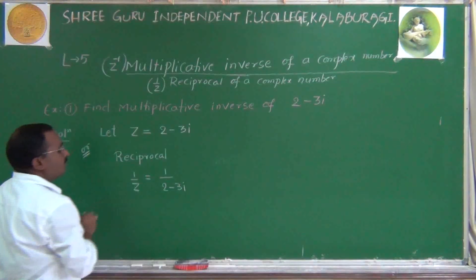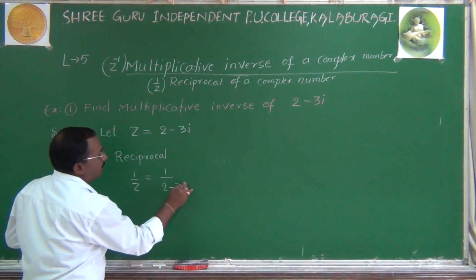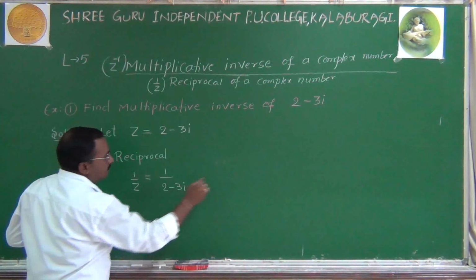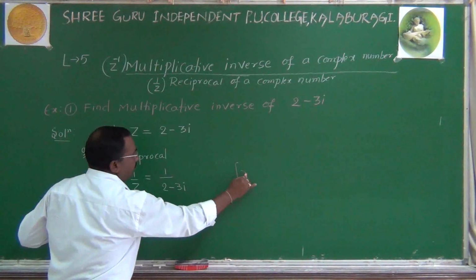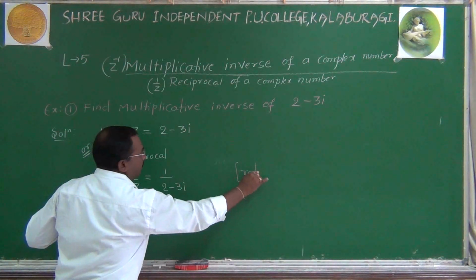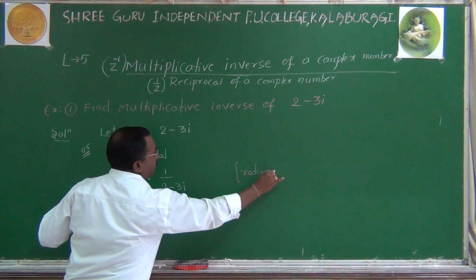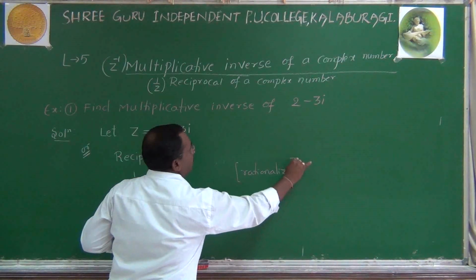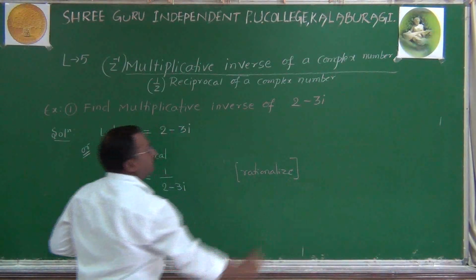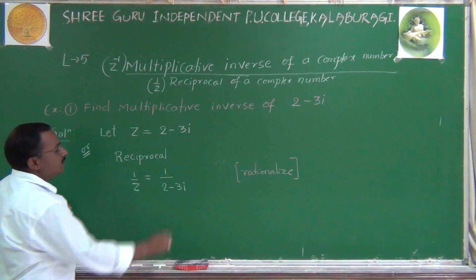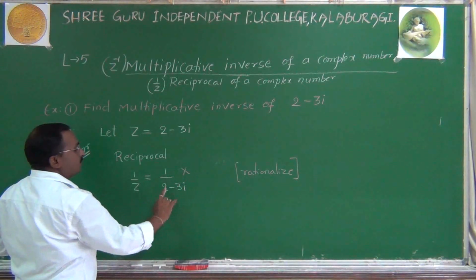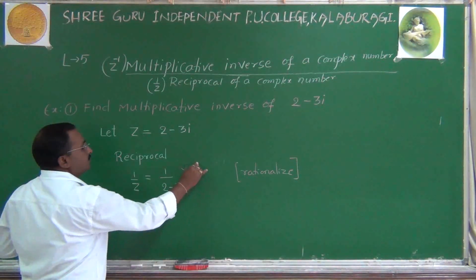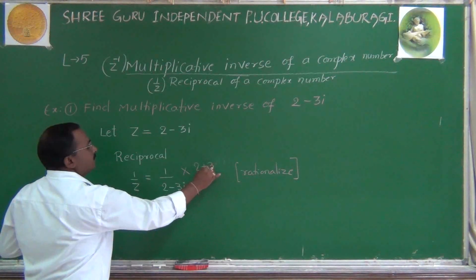Division of complex numbers by applying rationalizing the function. Rationalizing the function: 2 minus 3i becomes 2 plus 3i.